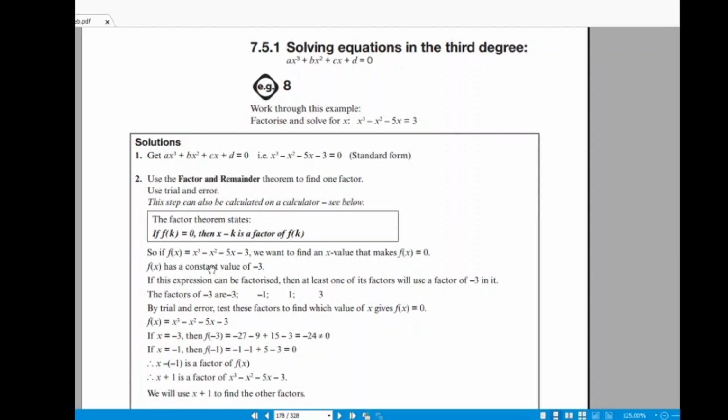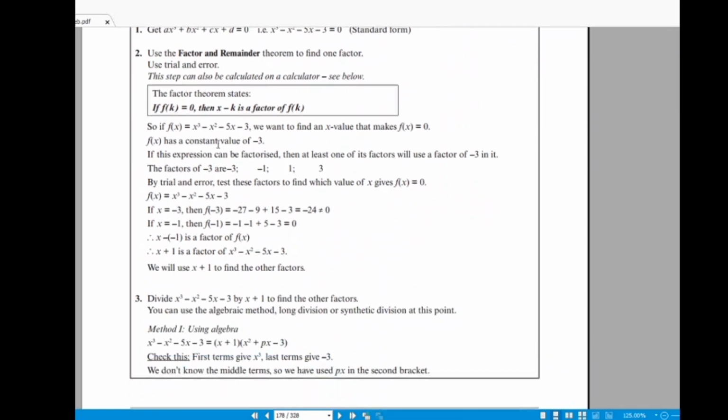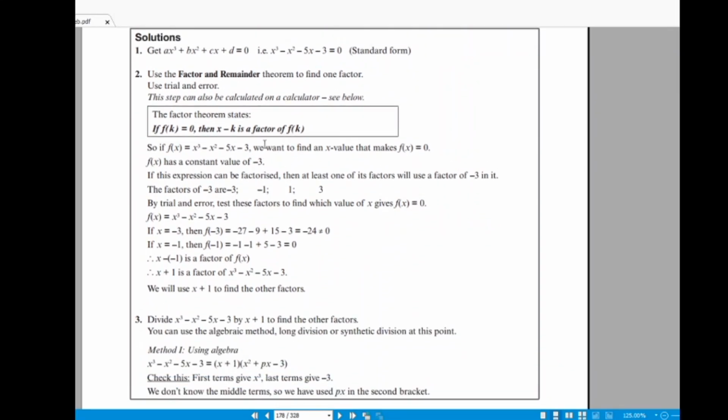So if f of x is equals to this, we want to find the x values that make f of x be 0, right? So here they use a method of trial and error to find one value that will make this equation to be 0, right?